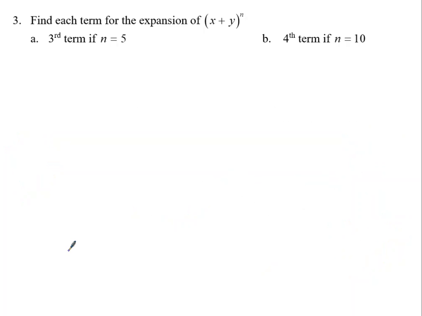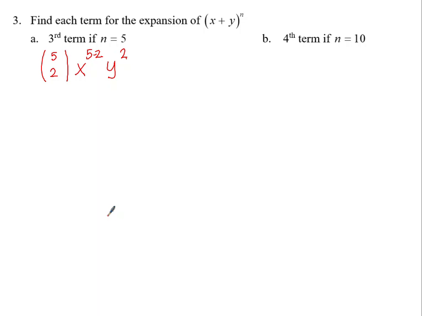If we want to know the third term when n is 5, we can start by using the binomial theorem. If we want the third term, then that means we are doing 5 choose 2, r is going to be 2, times x to the 5 minus 2 power times y to the second power.